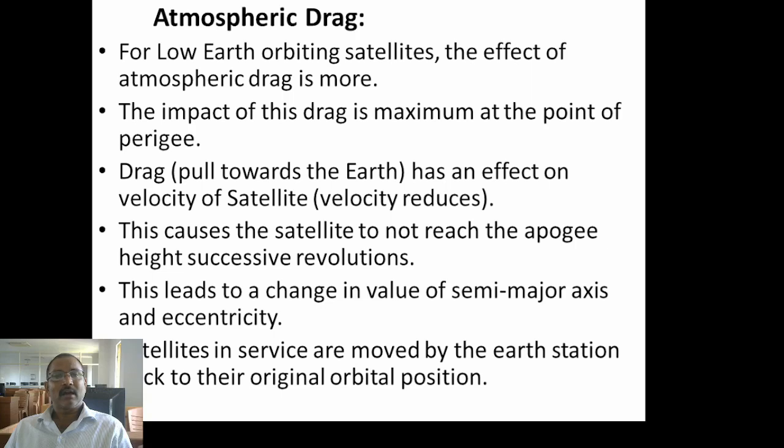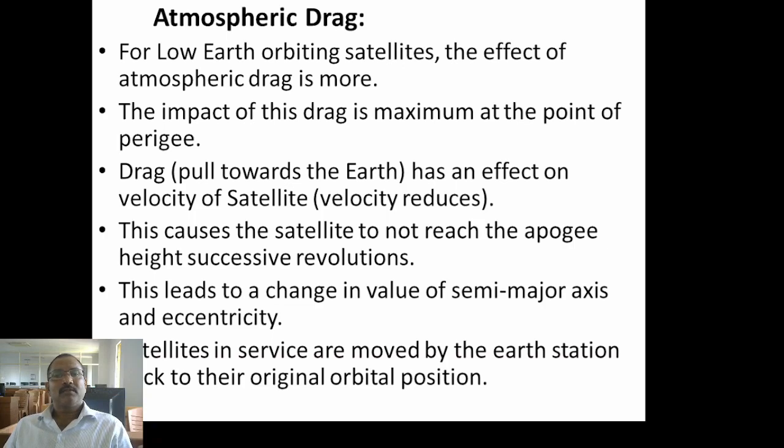Next is atmospheric drag. This is applicable for low Earth orbiting satellites. The impact of this drag is maximum at the point of perigee.